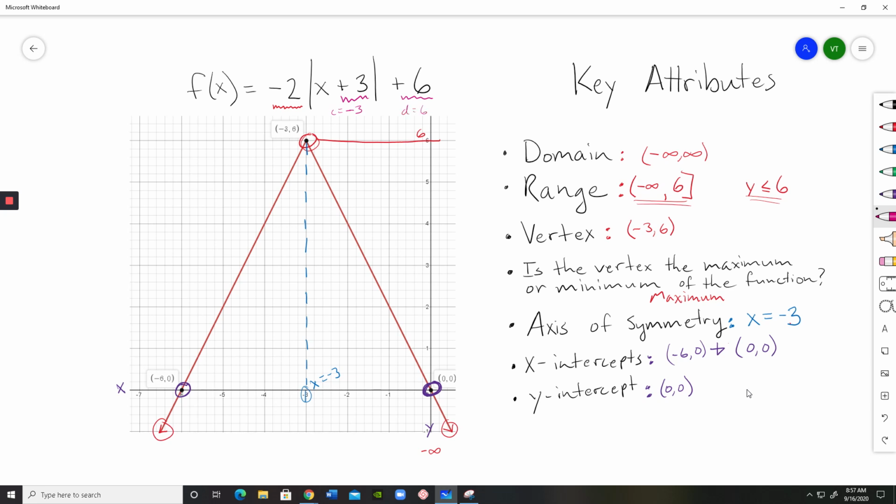And so our vertex would be (-3, 6) according to the equation. And notice how C equals -3 also ends up being our axis of symmetry. All right, and there are just multiple ways of finding the key attributes even if you don't have a graph.